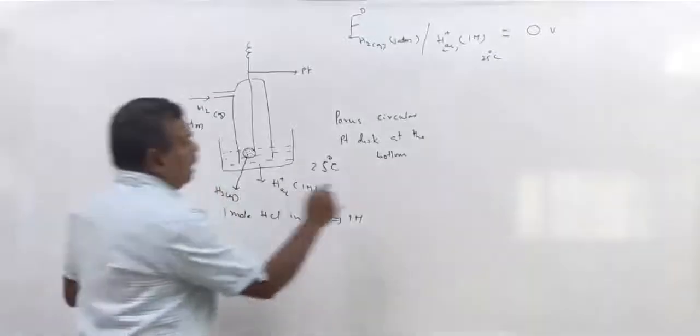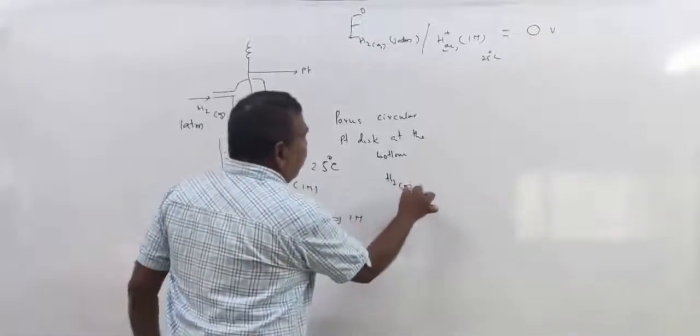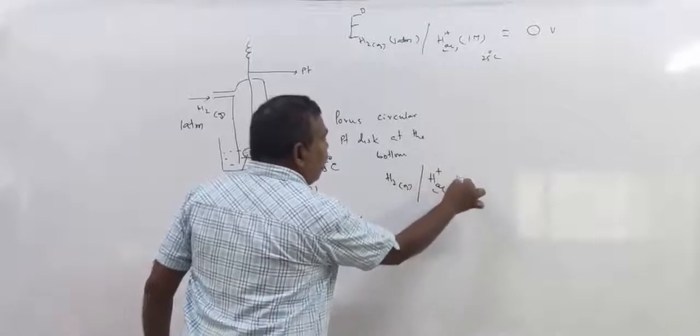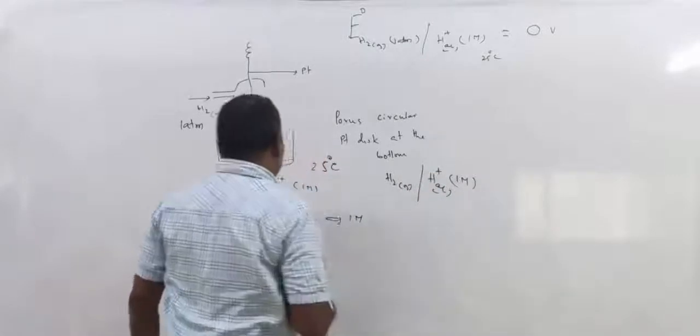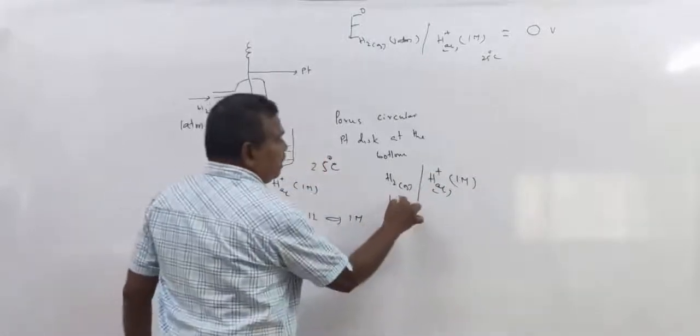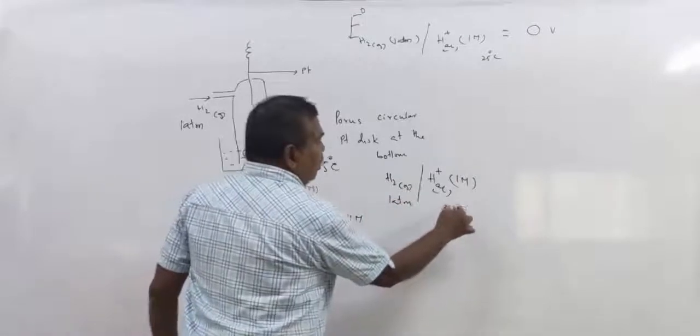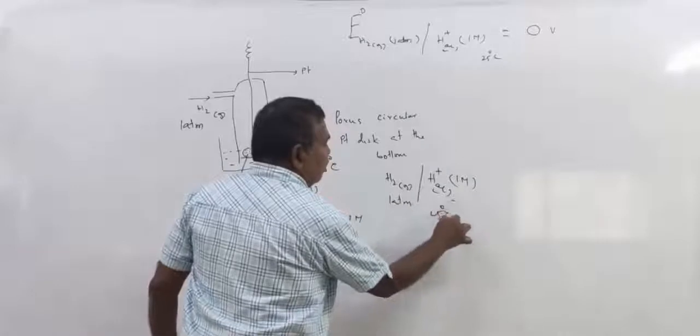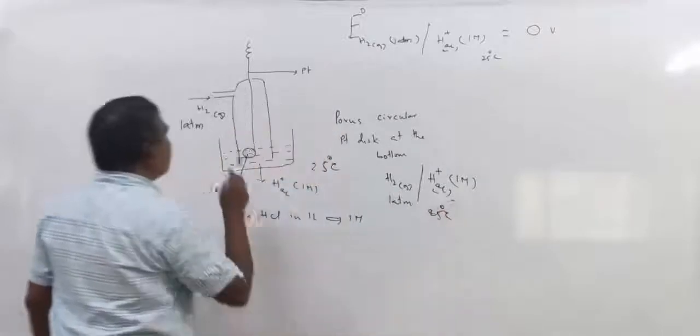Thereby, hydrogen molecules are in contact with its own ions of 1 molar concentration. It is 1 atmosphere. It is at 25 degrees Celsius.